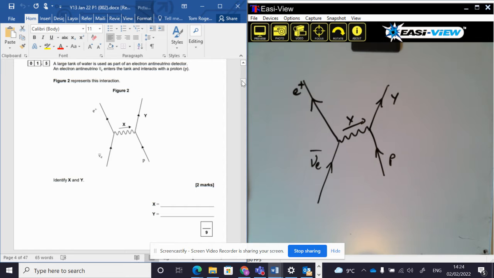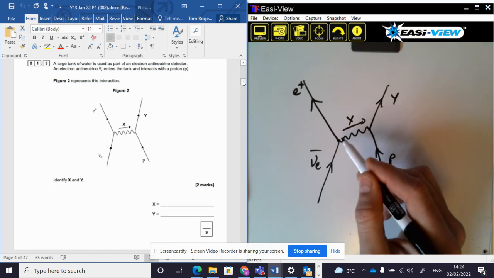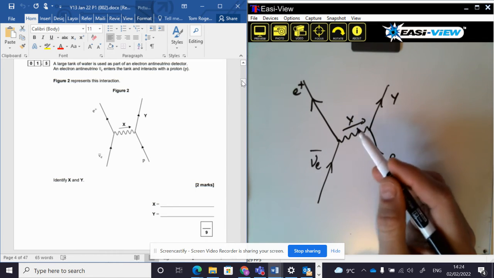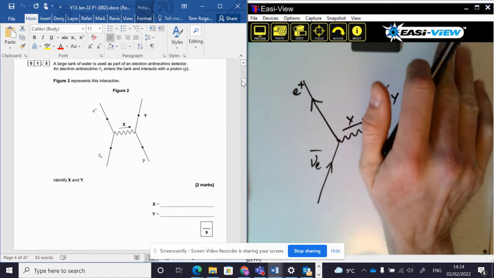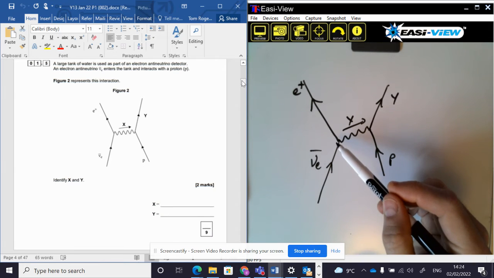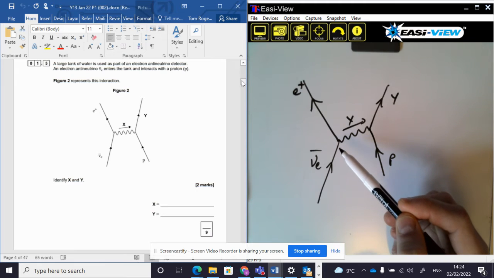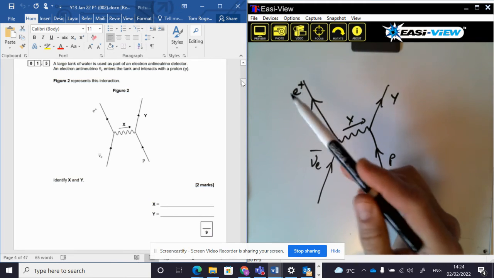Then we're asked to identify X and Y. These are quite straightforward. At each vertex, so each junction, all the normal conservation rules apply. So we can ignore the right-hand side for now. An anti-electron neutrino goes in, and we get an anti-lepton, a neutral anti-lepton becoming a singly positive charge anti-lepton.